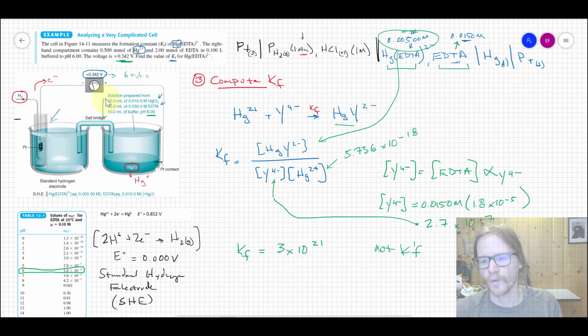Normally, this is EDTA times alpha Y4 minus, and then we multiply that into the Kf value to get the conditional Kf without changing the equilibrium. Here we actually just changed the equilibrium deliberately and computed the Y4 minus. So in this case, this is just the regular Kf value.